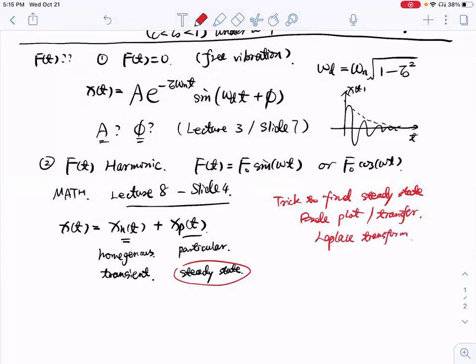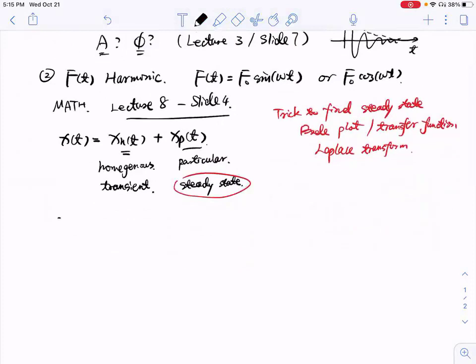You do Laplace transform, find the Bode plot, and then find the transfer function. And then you don't have to solve the equation from scratch. Then you can directly find the amplitude, find the phase lag of your response. So how the response looks like, your x_h(t) part, always remember your homogeneous part is associated with initial condition.